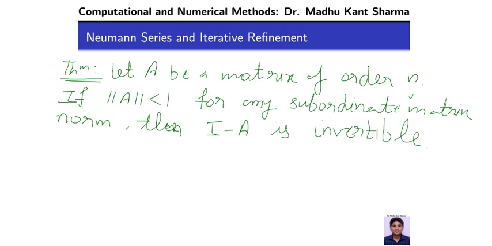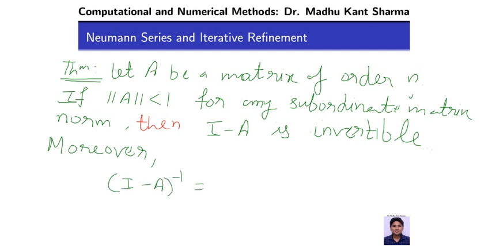Okay, then I minus A is invertible. Moreover, its inverse is given by the following infinite series: (I minus A) inverse is equal to the sum over k from 0 to infinity of A to the power k.